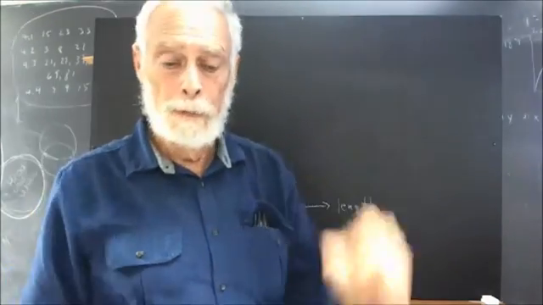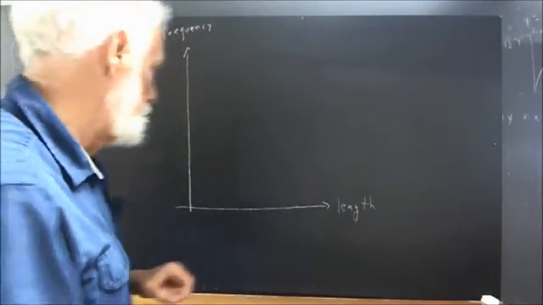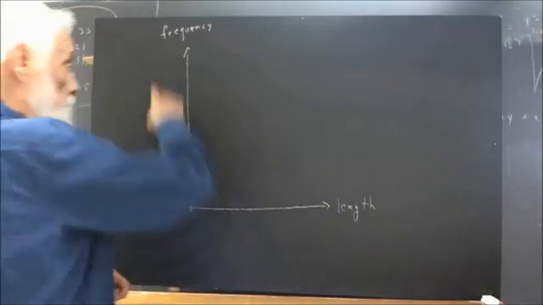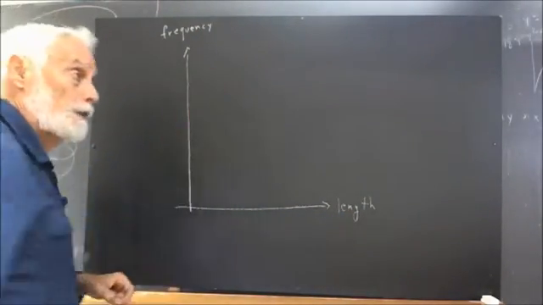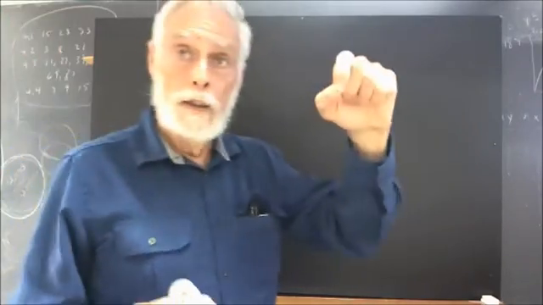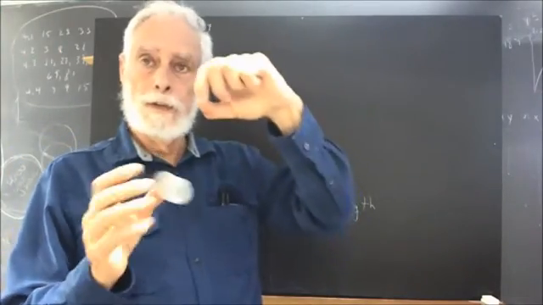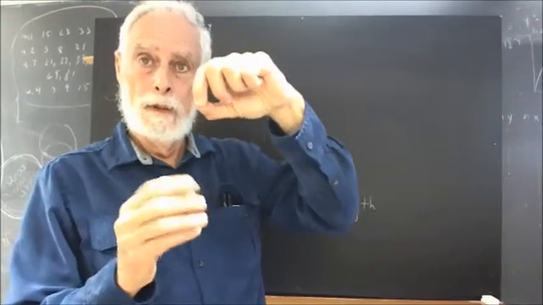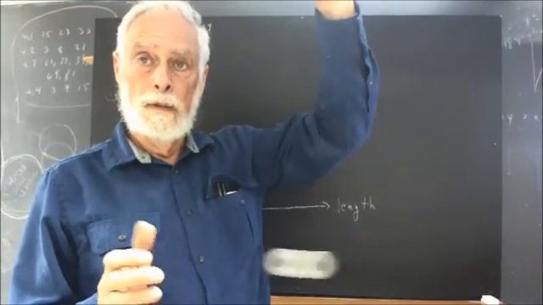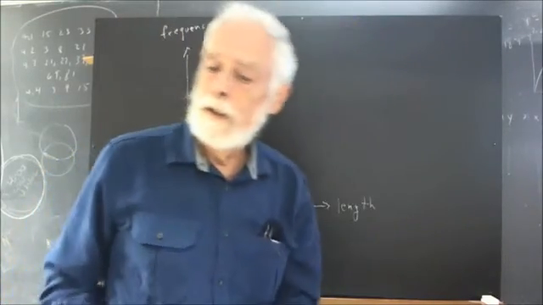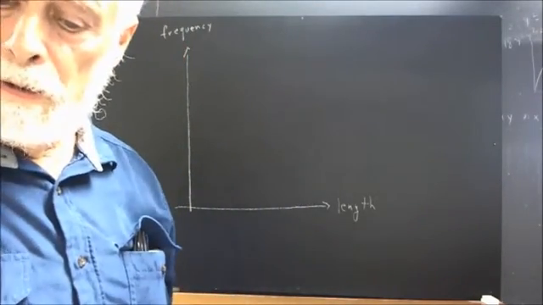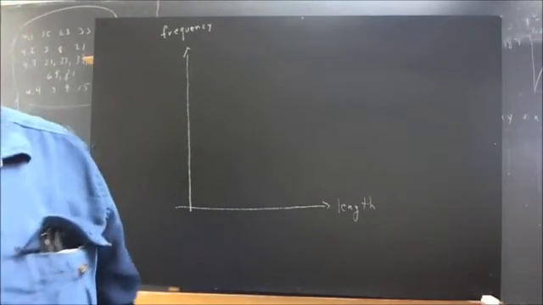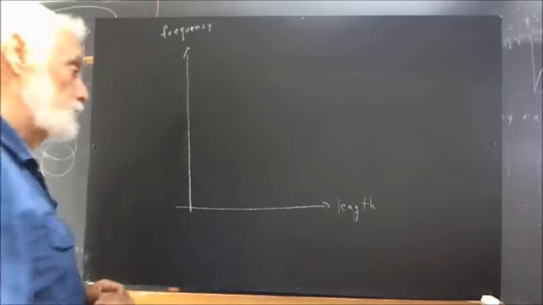We measure the pendulum, and now we have a length and a frequency giving us a point on the graph. Okay, we do that for a number of different lengths. And we get a graph of frequency versus length.